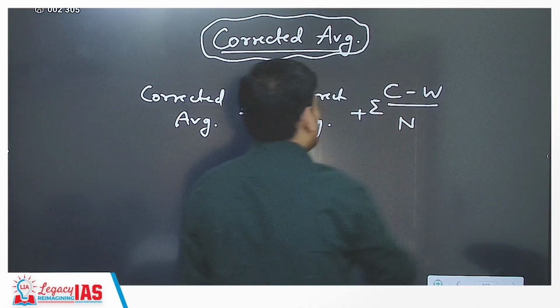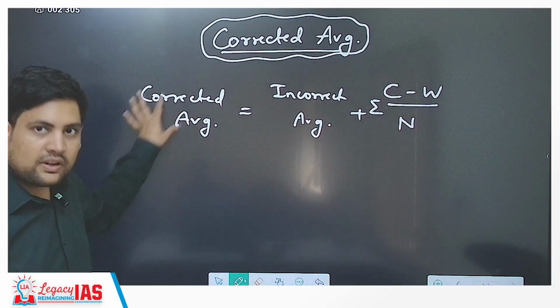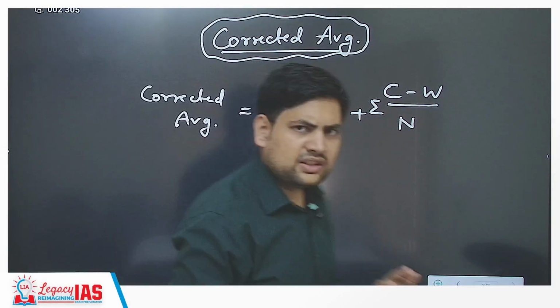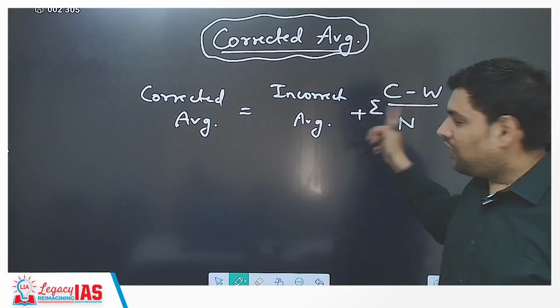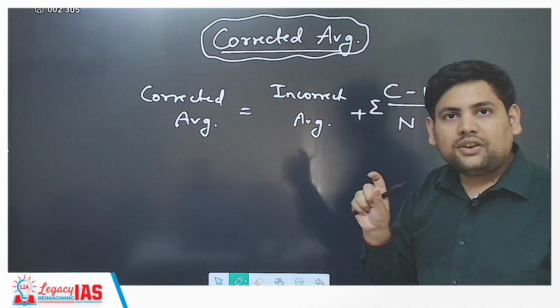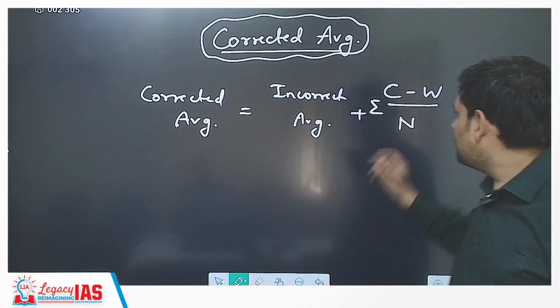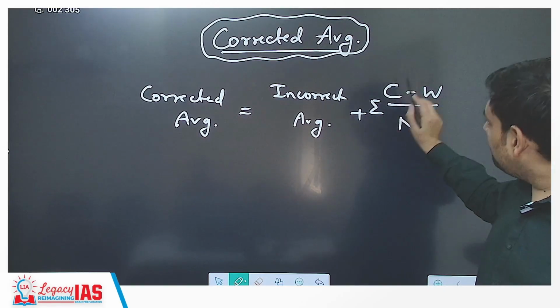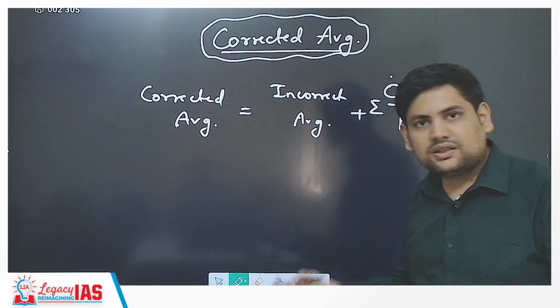Now what does this mean? Basically, if you have to find the corrected average, you write whatever is the incorrect average that is given in the question, and then for all the entries, you are given what should have been correct and what is recorded wrongly. So both of these you know, so you simply do c minus w divided by n, where n means the number of observations.